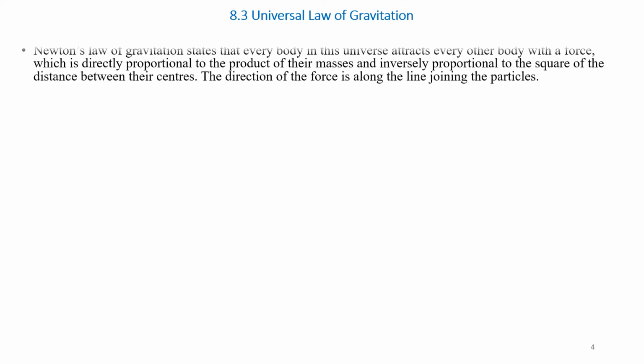Universal law of gravitation. Newton's law of gravitation states that everybody in this universe attracts every other body with a force, and this force is directly proportional to the product of their masses, and inversely proportional to the square of the distance between their centers.